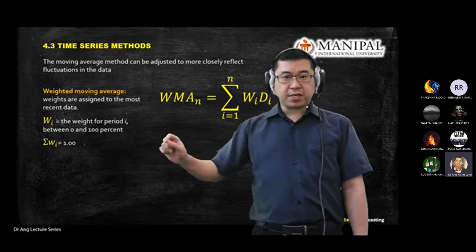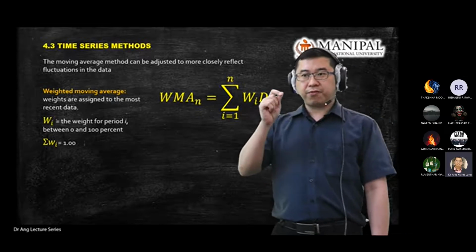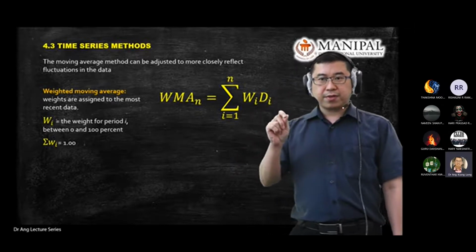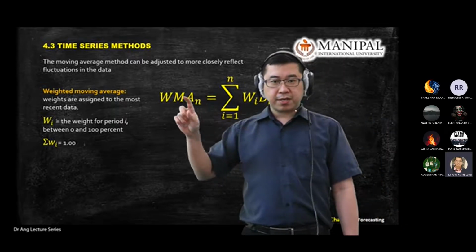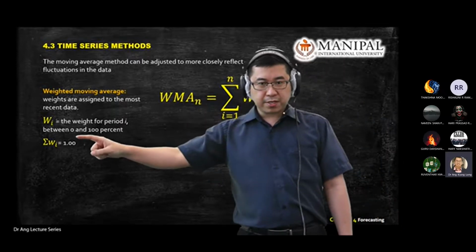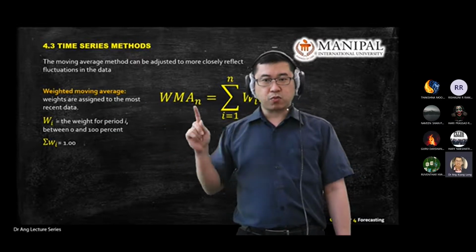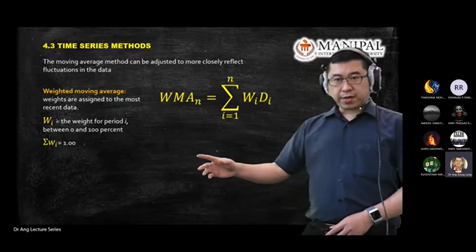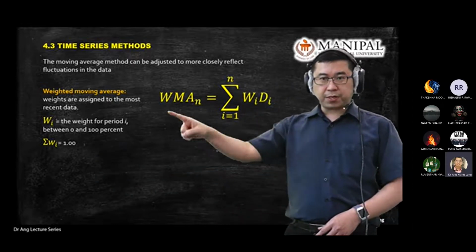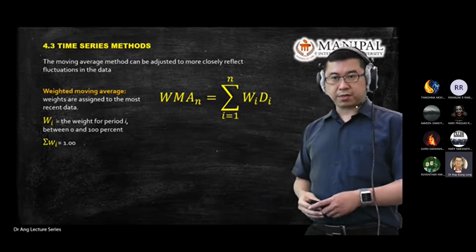Weighted means you add a percentage value, and the maximum when you add all the constants together is 1. Later you'll see what it means. Currently you just copy this formula, then we'll apply it in the example that I'll show you.